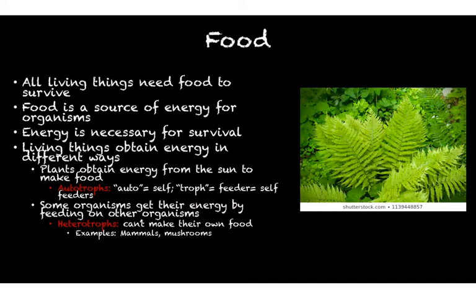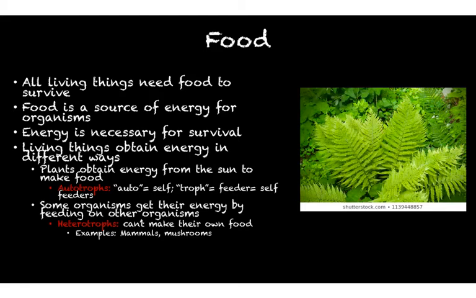Heterotrophs are organisms on Earth that cannot make their own food. Some organisms get their energy by feeding on other organisms, and in fact, heterotrophs oftentimes feed on autotrophs. Heterotrophs can't make their own food, so they must get their energy from some other source. Examples of heterotrophs are extensive, but two examples I'll give you are mammals in general and also mushrooms.